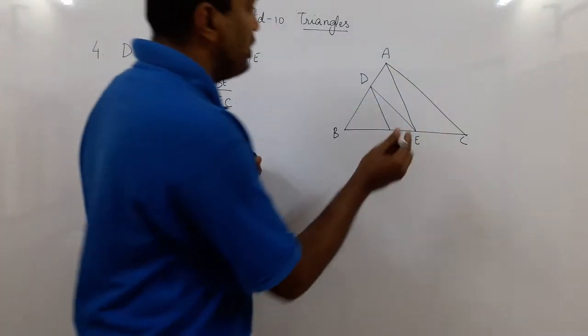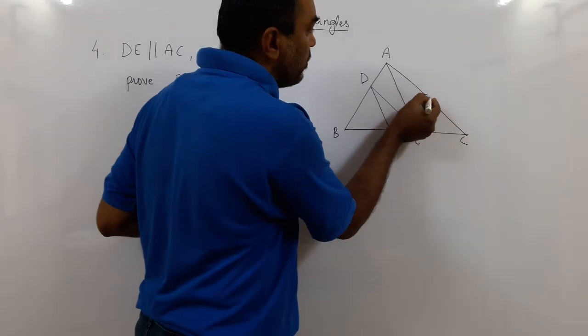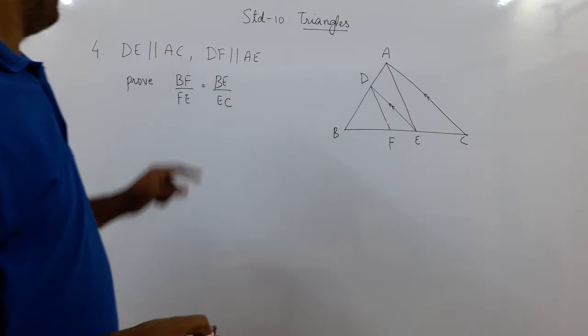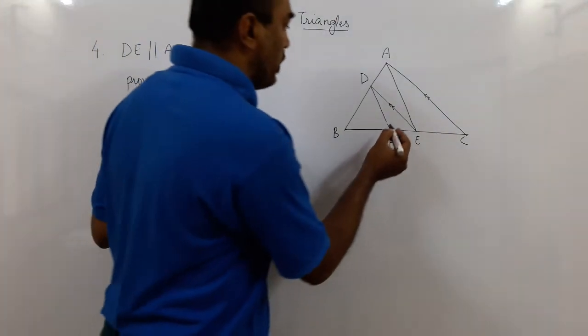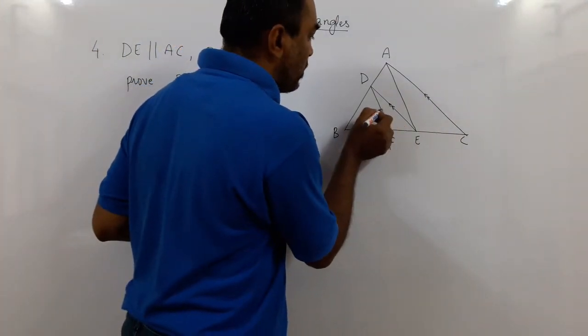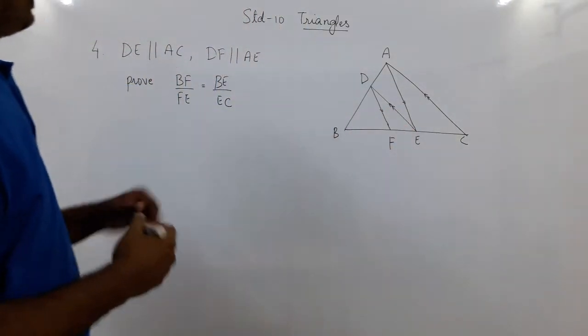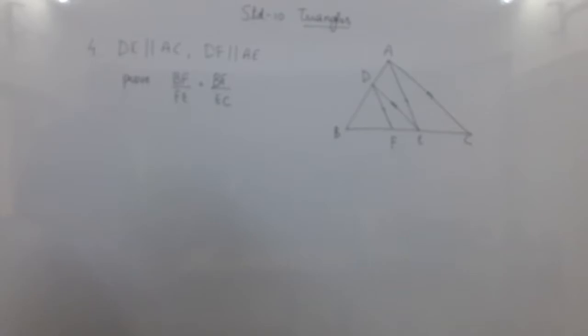Since it is given, I will mark it by the double arrow scheme, so these two lines are parallel. And DF is parallel to AE, so I will mark DF parallel to AE. And we have to prove this.